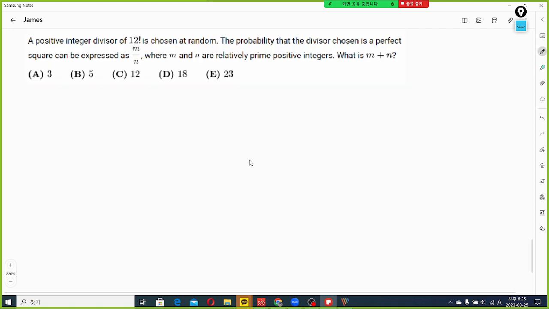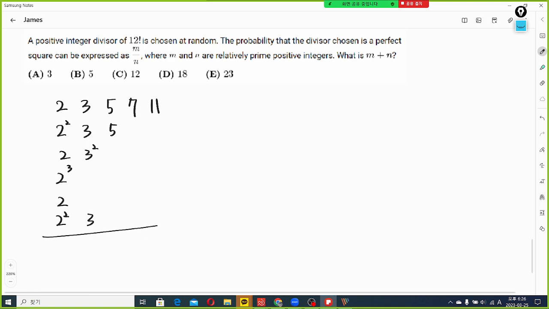In this problem, we need to make the prime factorization of 12 factorial. So how many 2's are in 12 factorial?